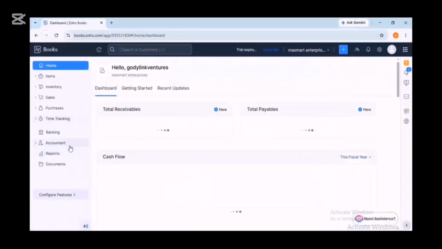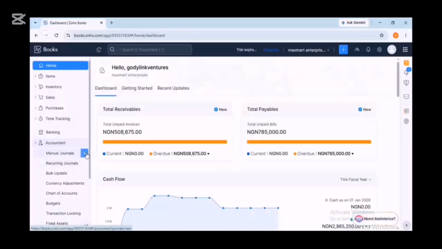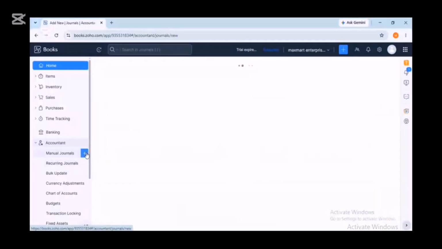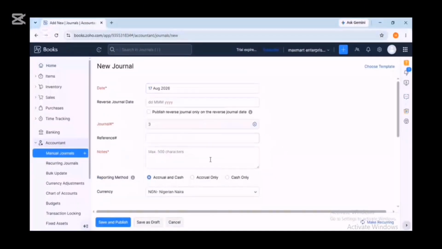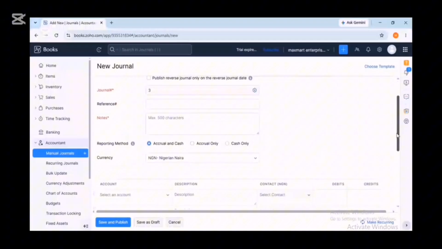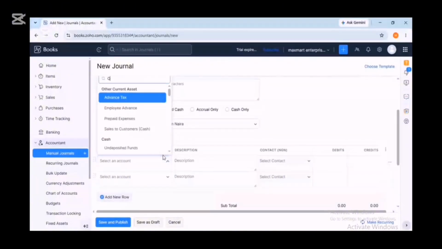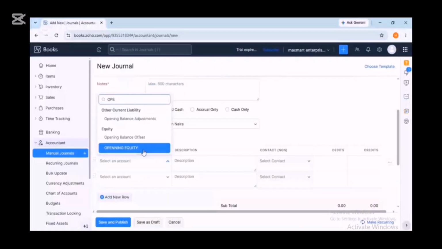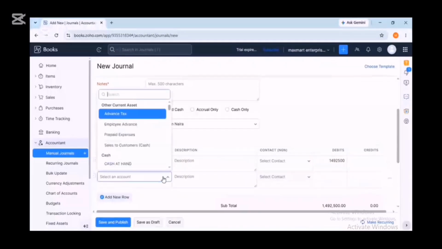So now let's transfer the opening equity to our equity. Go to journal. So just the amount we are going to switch to the equity account. So let's select the date we are doing this. Let's select as prior today. Then let's select the account, opening equity, exactly. So let's debit the amount that we need to transfer to our main equity account.